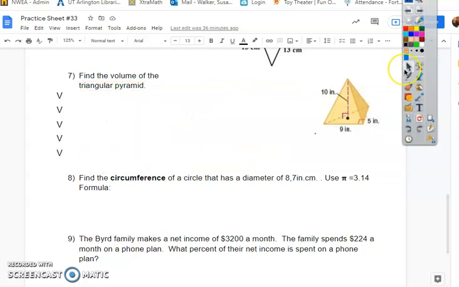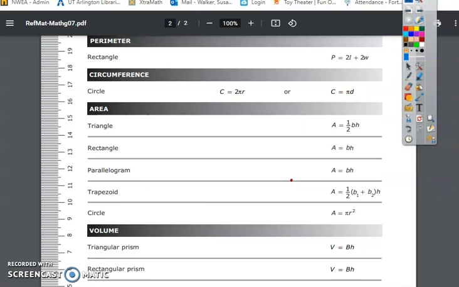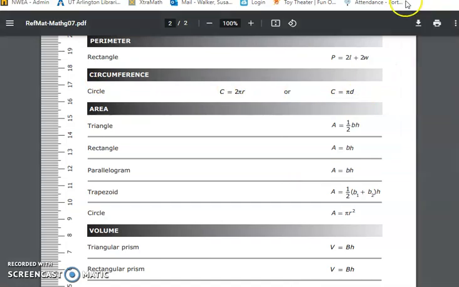Okay, so on number 8, this looks like a comma. I'm not sure what happened there. Let's go and make sure that's a decimal, and I'll switch that. Okay. Find the circumference of a circle that has a diameter of 8.7. Circumference. So this is what we're looking for right here. C equals pi d.